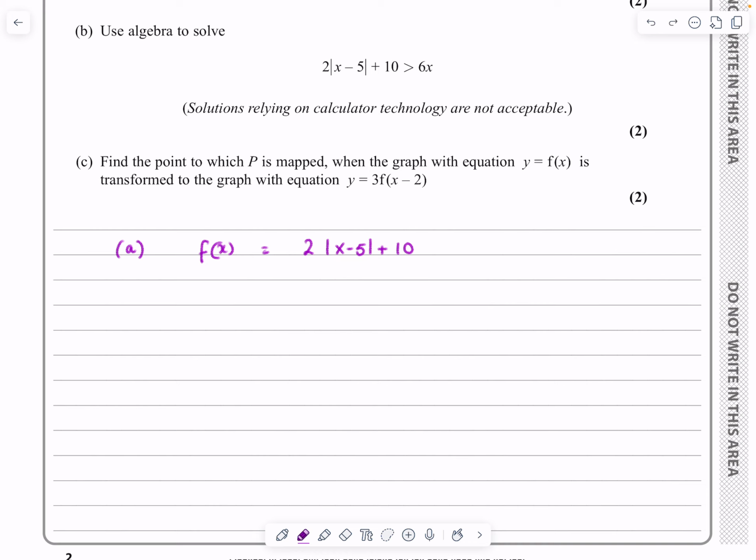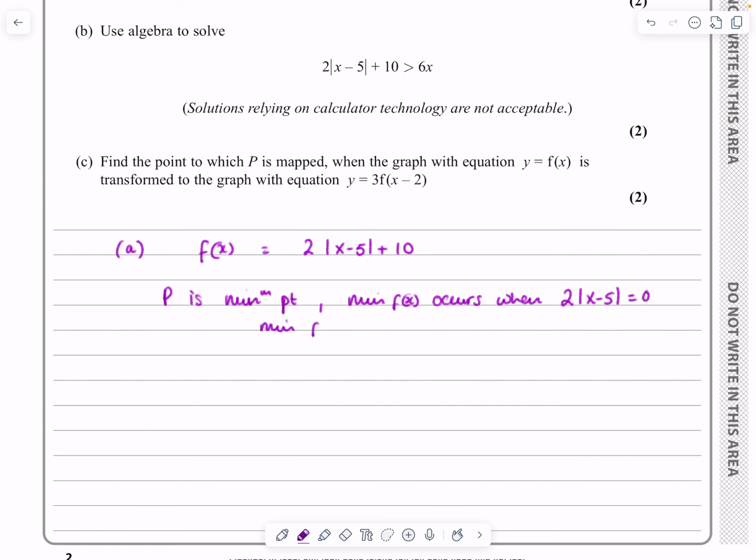So let's just write that for the examiner. P is the minimum point. Minimum f(x) occurs when 2|x - 5| is equal to 0.